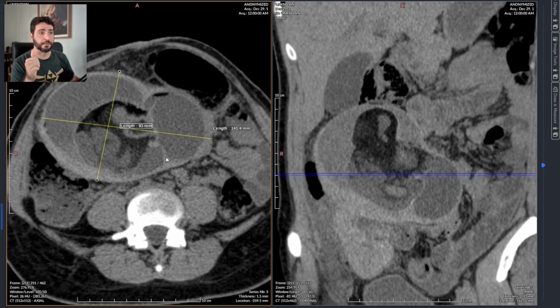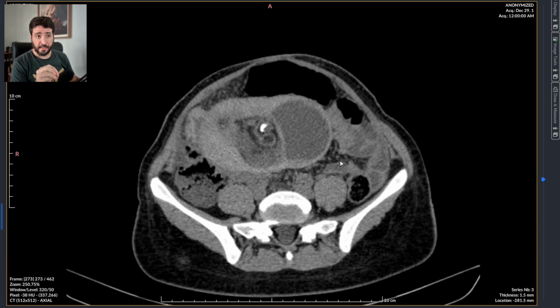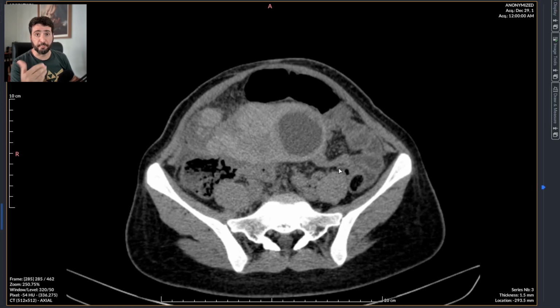So this justifies the palpable mass and the pain. From this moment on, as soon as we get this diagnosis to the surgeon, he is going to schedule an urgent surgery to take the mass off and cure the patient both of the pain and the tumor.